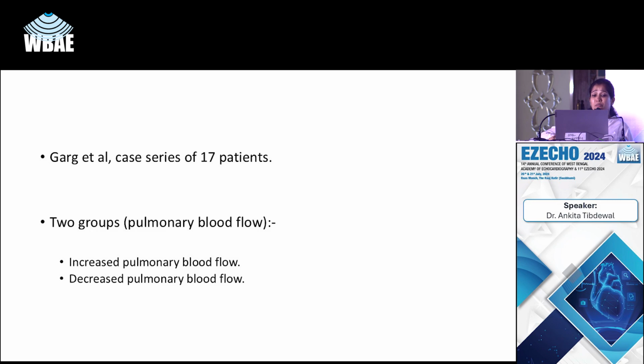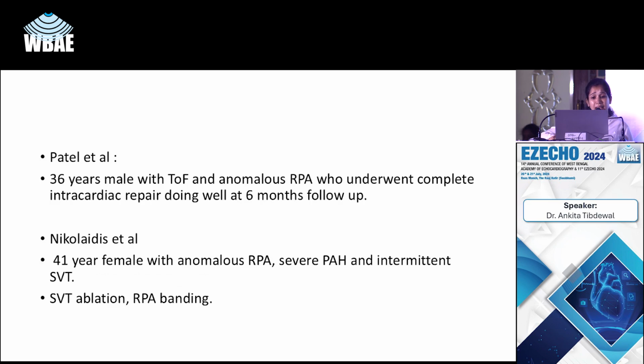And another case that was described was of a 41-year-old female. She's probably the oldest reported patient of this case. A 41-year-old female with anomalous right pulmonary artery, severe PH, and intermittent SVT. So SVT ablation and RPA banding was attempted for this patient.